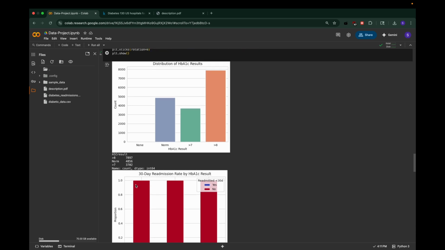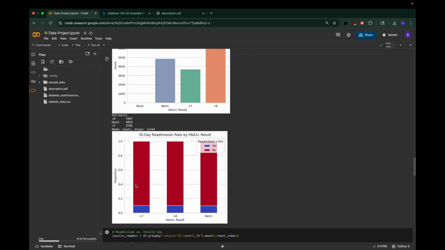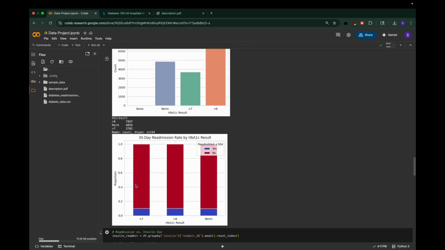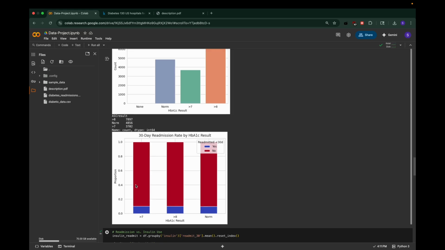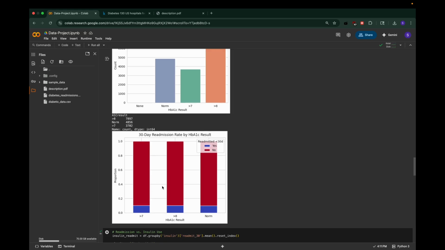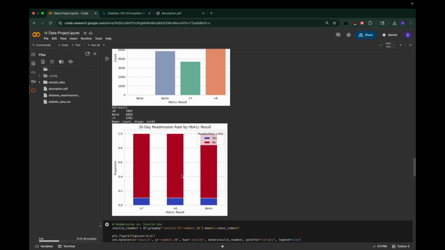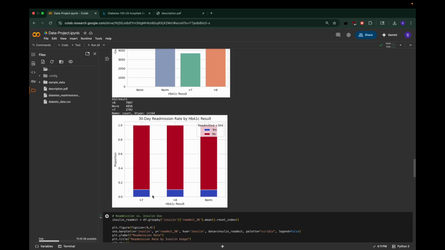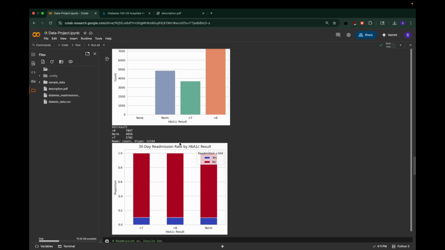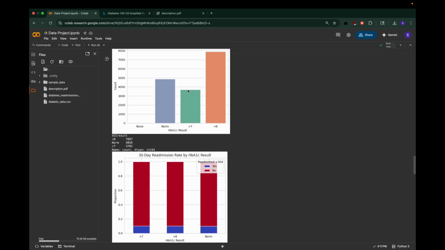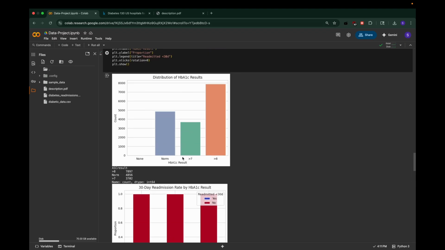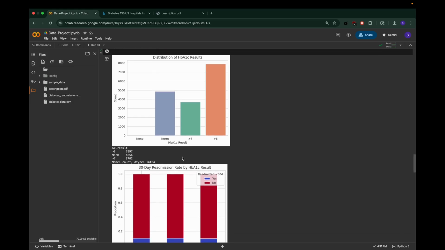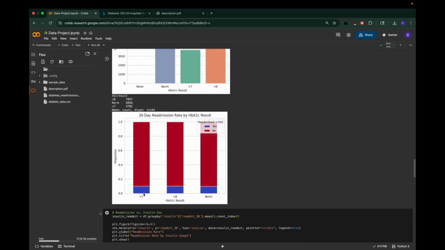In this chart, all HbA1c group members have a similar proportion of readmission rates, around 1.1. This suggests that while elevated HbA1c might be correlated with a modest increase in readmission risk, the difference is really not that drastic, as seen over here.